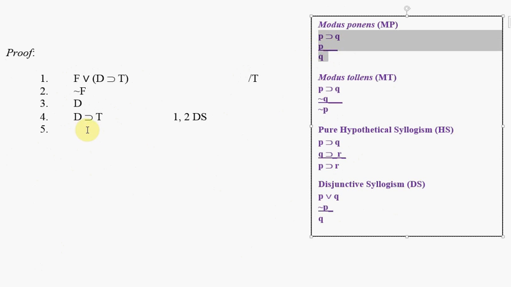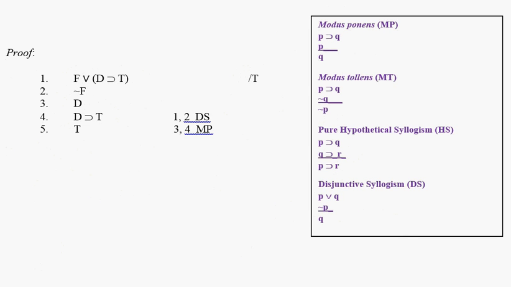And so we know that T will follow by the application of modus ponens to lines 3 and 4. So that means that we do have to cite those two lines, 3 and 4, and we have to cite the rule that we used there, and that rule was modus ponens, so that's MP, right, capital letters. And that's it.